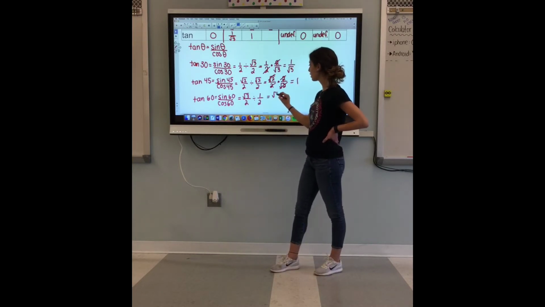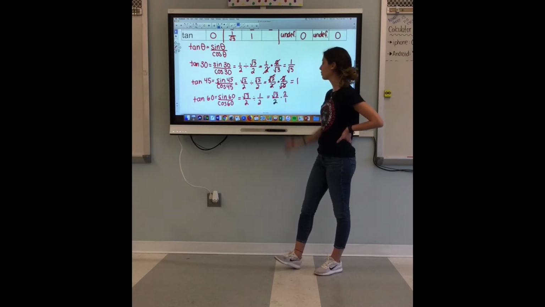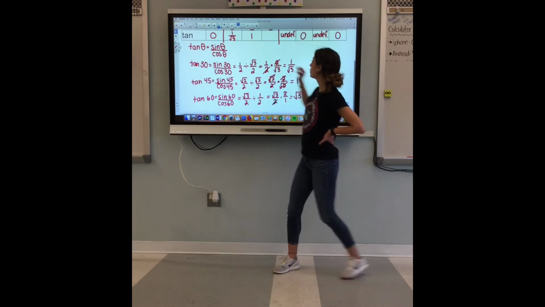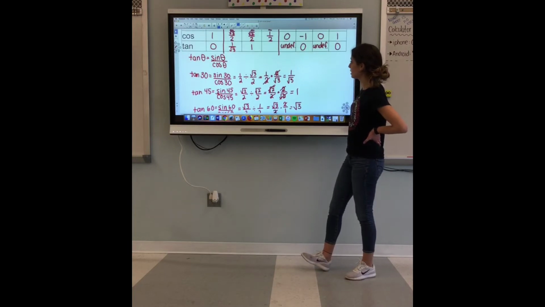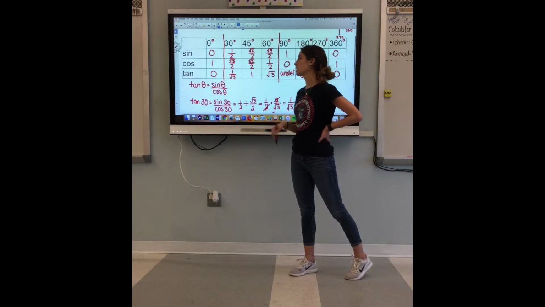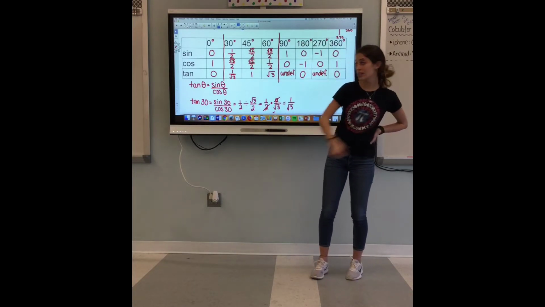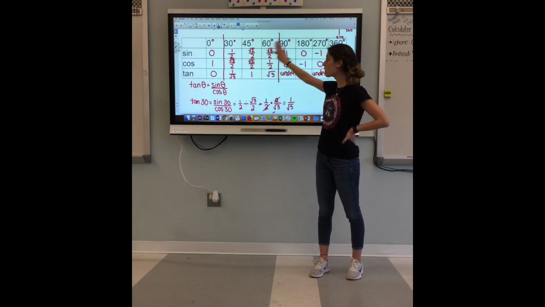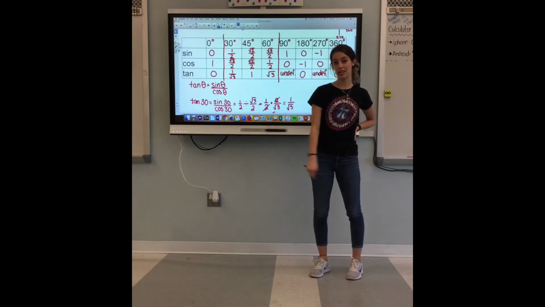We get radical 3 over 2 times 2 over 1. 2's cancel. And we get radical 3. So the tangent of 60 becomes radical 3.